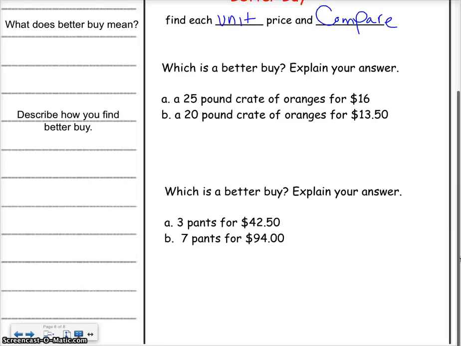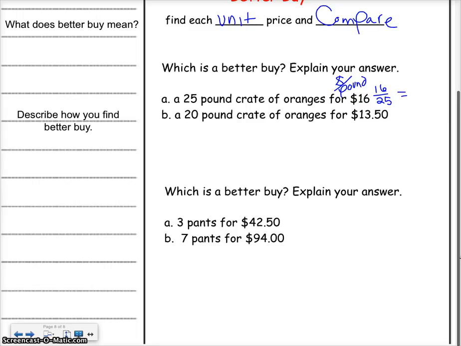So I'm going to go dollar over crate. That's what I'm going to do for everything. Dollar over crate. How much money for 1 crate? Or 1 pound. It's pound, isn't it? Not crate. It's pound. Dollar is to pound. Okay, so 16 is to 25, right?